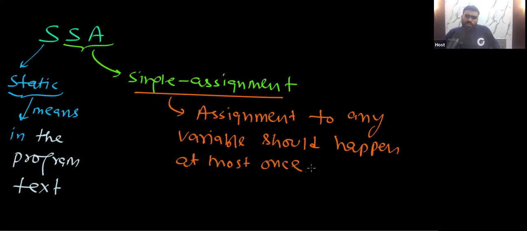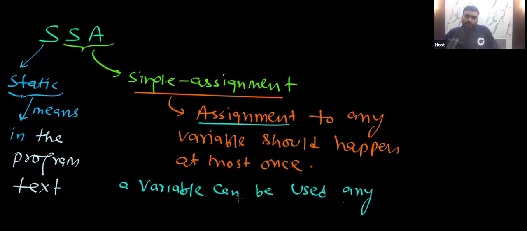Is this clear? Remember, assignment should happen at most once, while a use you can do any number of times. A variable can be used any number of times.